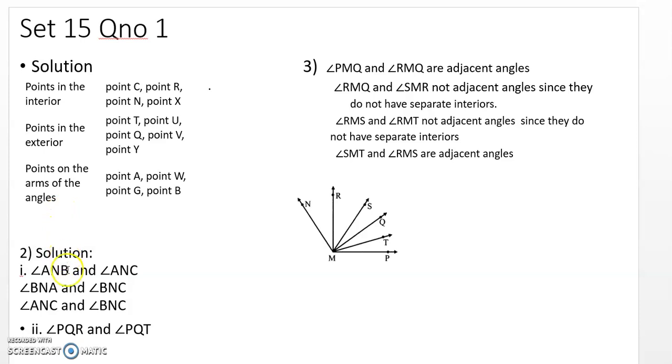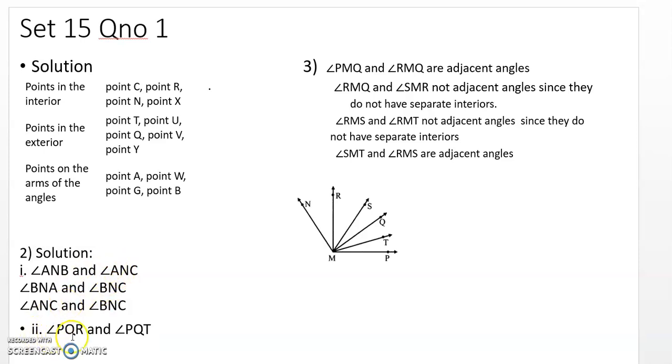Now question number 2: name the pairs of adjacent angles. With A and B, there are two adjacent angles: A and C, then with A and B, it is B and C, and next with A and C, it is remaining to write B and C. So this is the solution I have written.